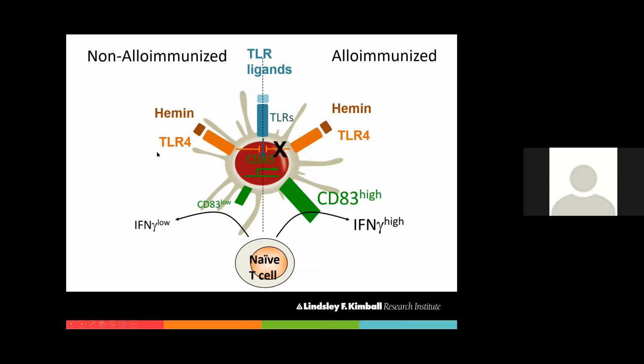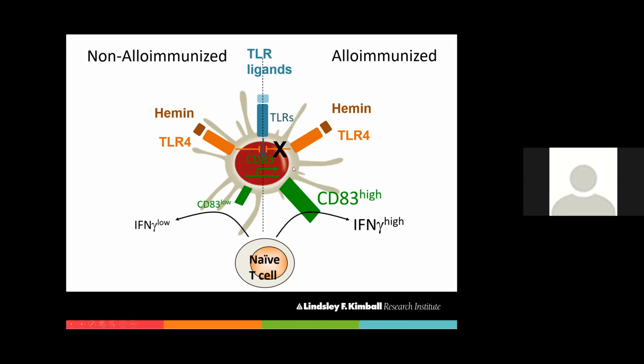Healthy donors may never come across heme, but in a non-alloimmunized sickle patient, and this is all in the sickle background, when we have a heme signal coming, somehow, we don't know how, it interferes with this signal, so that CD83 is not upregulated. Now the naive T cell is told, calm down, don't become a Th1, or does so at a reduced level, so that you are at a lower risk of alloimmunization.